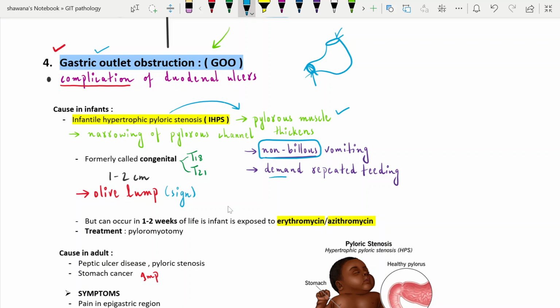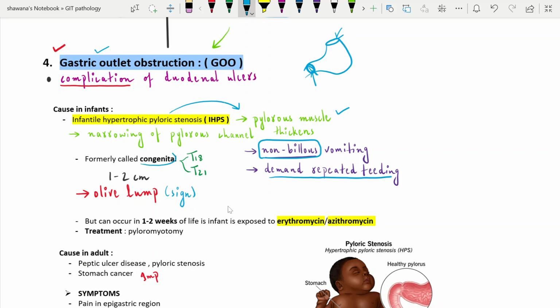And the child or infant would demand repeated feedings, because through vomiting, all of the food contents are expelled out, and the child is still hungry, and he or she will demand repeated portions of food. But the infantile hypertrophic pyloric stenosis is one of the causes of the GOO.